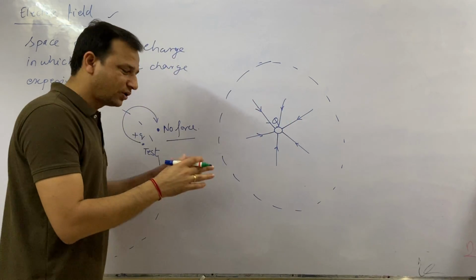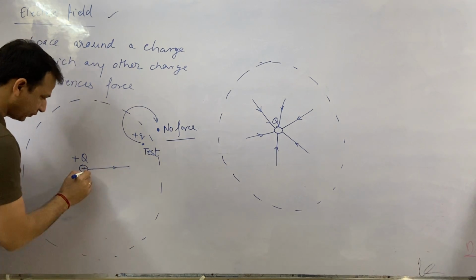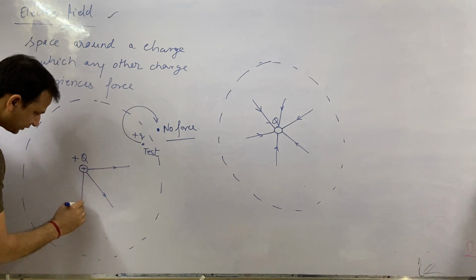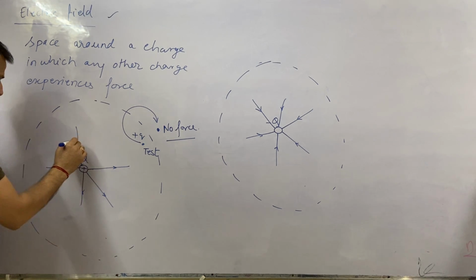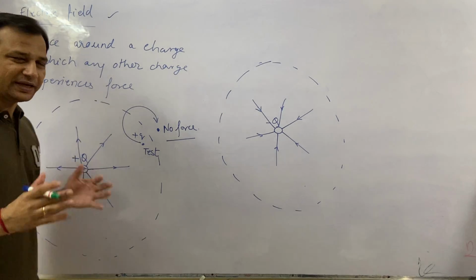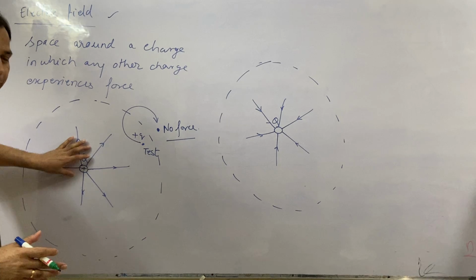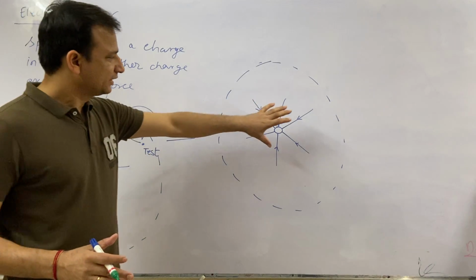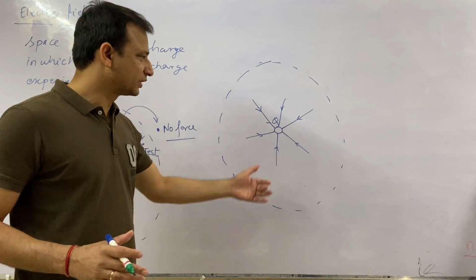And in case of positive charges, electric field lines point away from the charge. So why do they point away from the charge in case of a positive charge, and towards the charge in case of a negative charge?